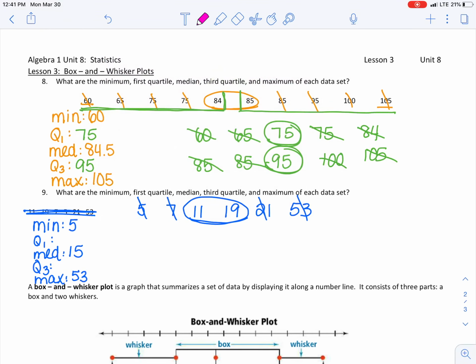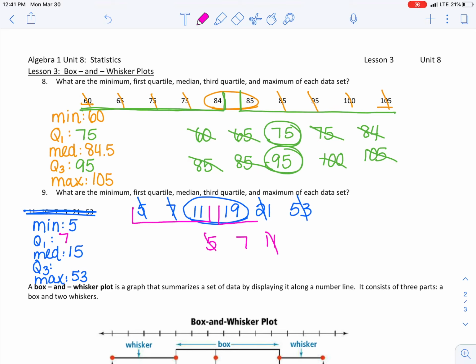Now, again, since we had an even number of data points, we're going to include that 11 on the left side. So we have 5, 7, and 11 for our lower half of our data. If I cross off on both sides, I end up with a quartile 1 of 7.